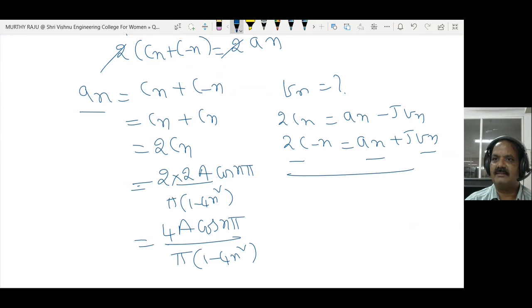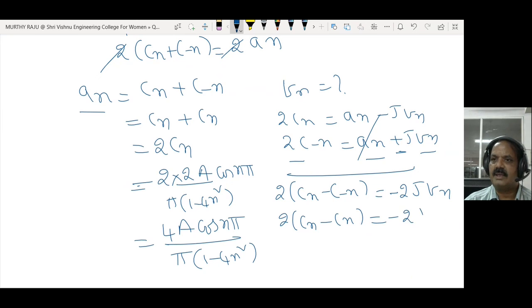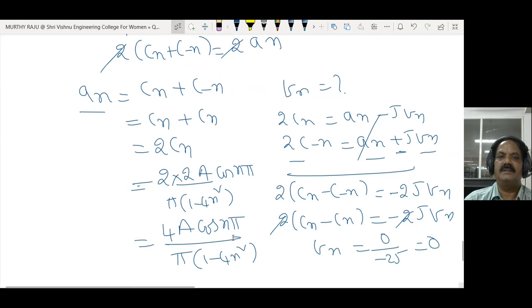We use minus, subtract these two, the An terms are cancelled. 2 into Cn minus C minus n is equal to minus 2j Bn. These two are equal, therefore 2 into Cn minus Cn is equal to minus 2j Bn. 2 cancel, therefore Bn is equal to 0 by minus 2j, that is equal to 0.